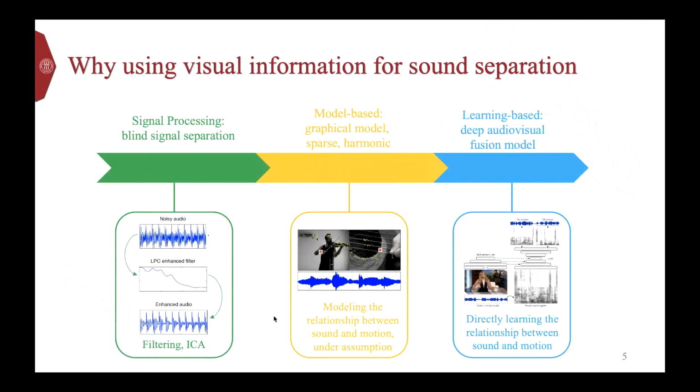First, in the early stage, audiovisual separation is motivated by signal processing strategies, that is, blind signal separation as we stated above. Then researchers proposed to model the relation between sound and motion, and using different assumptions, proposed different methods for audiovisual sound separation.